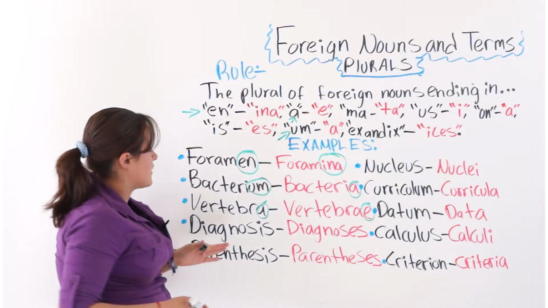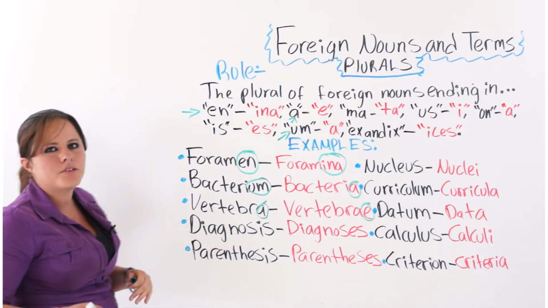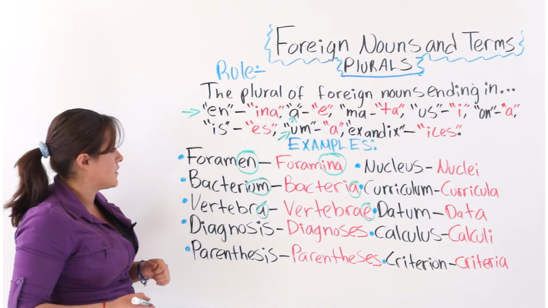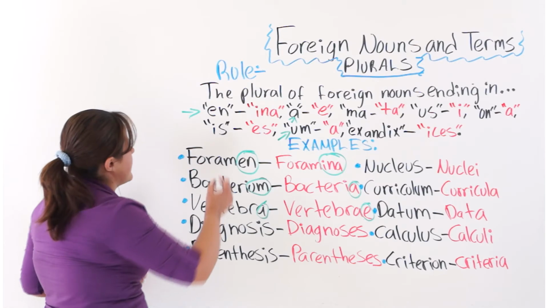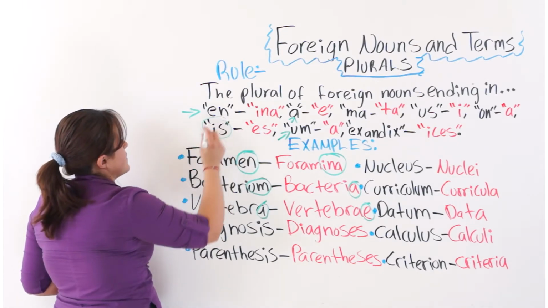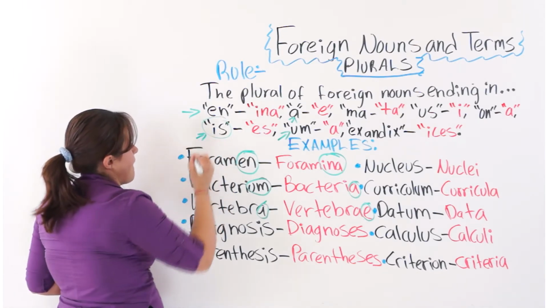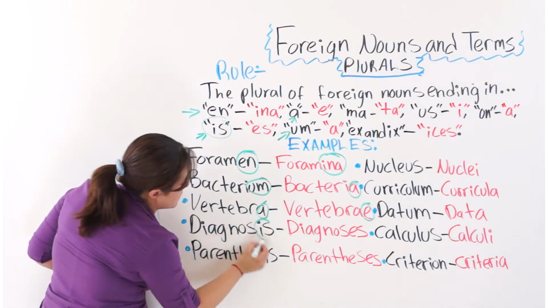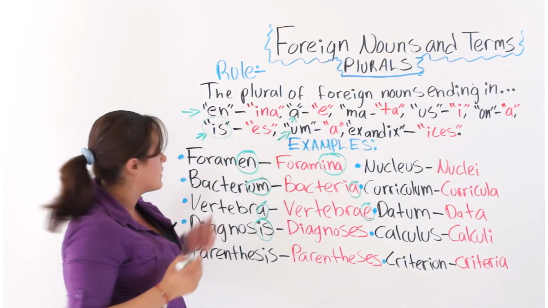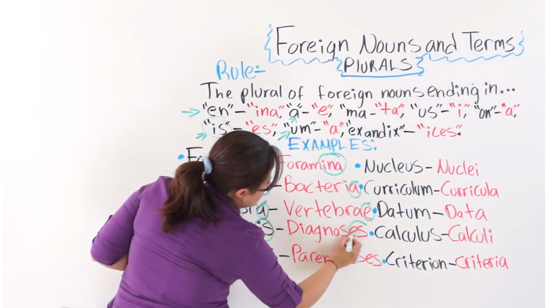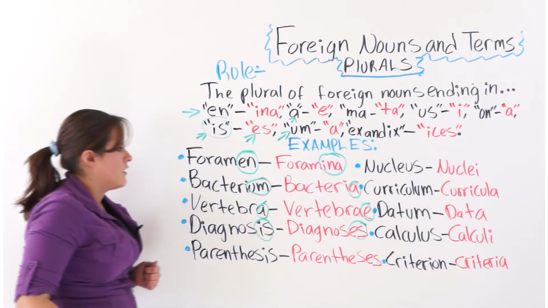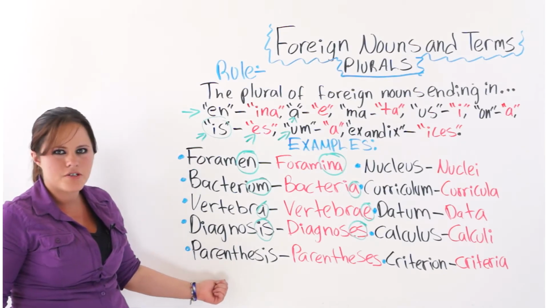Right? The next one is diagnosis. As you can see here, it ends in is. So the is, according to the rule I gave you here, will be replaced with es, diagnoses. The next one is parenthesis.